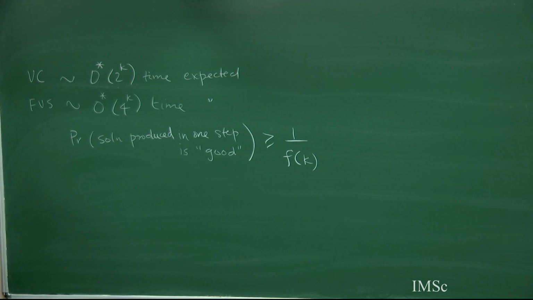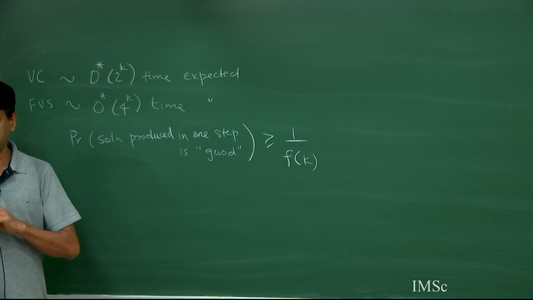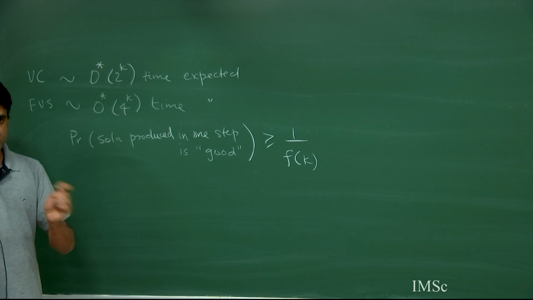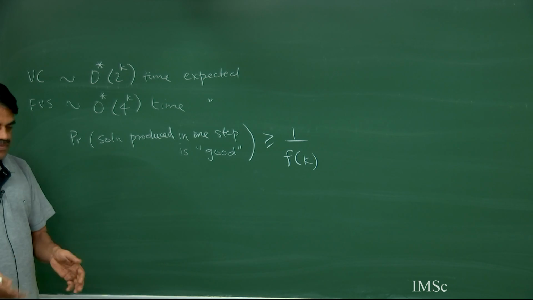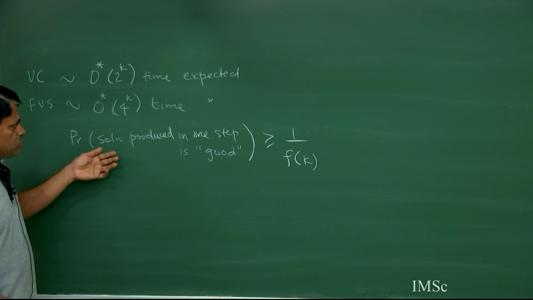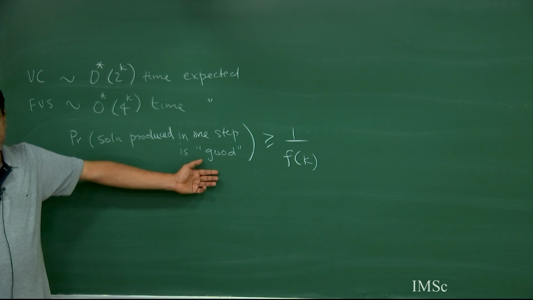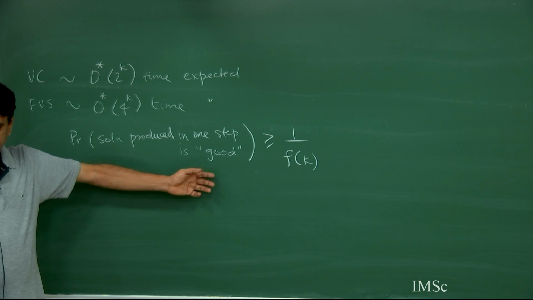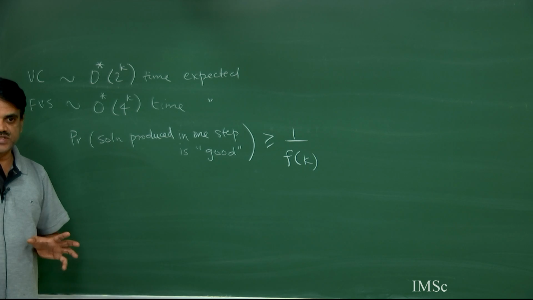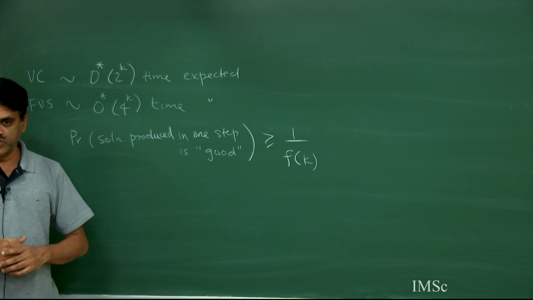In the case of vertex cover, we just picked some arbitrary edge and a random endpoint, and we keep doing that for k steps. At the end of it, what does good mean? If I have a k sized vertex cover, the solution produced is the same as that. We argued this has probability at least 1 over 2 to the k.